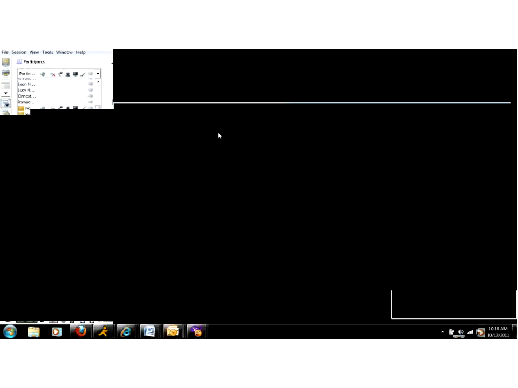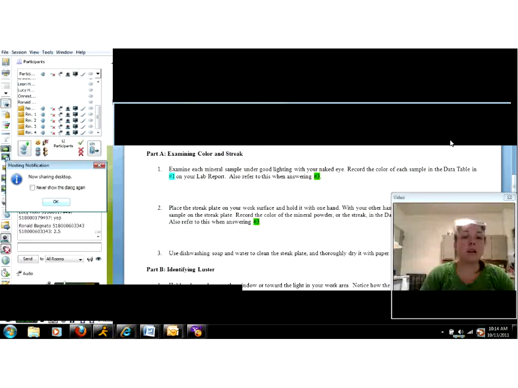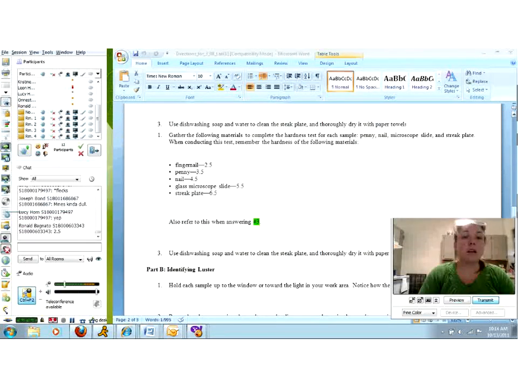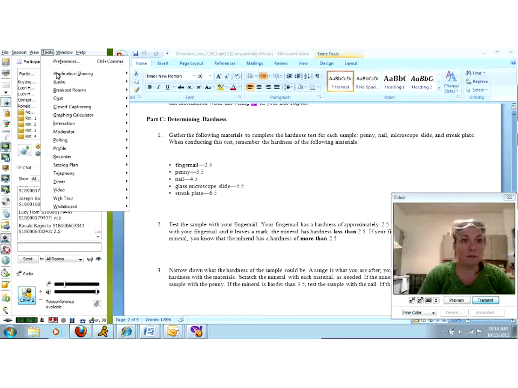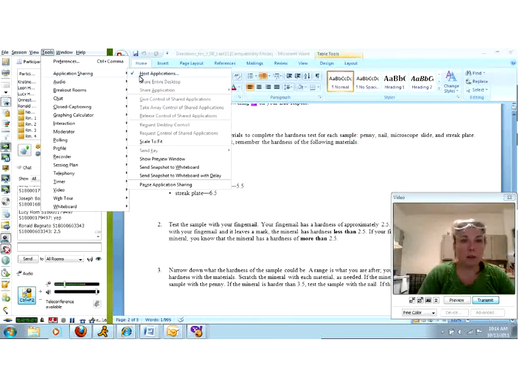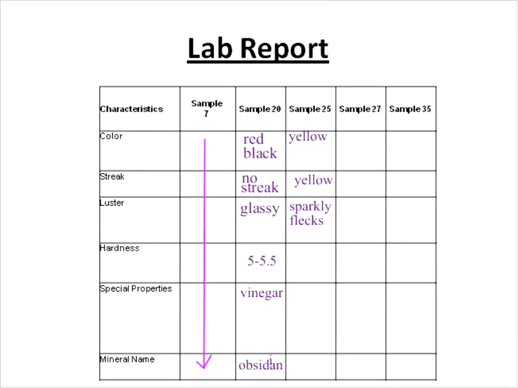A fingernail. Give me a sec. Let's take another look. Fingernail is 2.5. There you go. Great job, Ron. Good memory. 2.5. So it's less than 2.5. All right, go ahead and fill that in while I'm filling it in on mine.